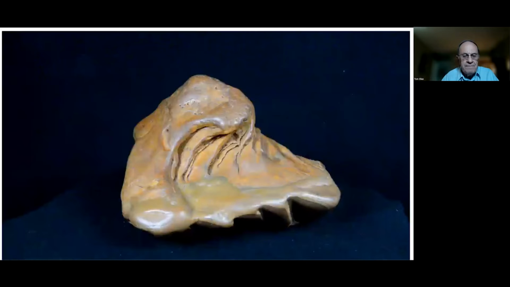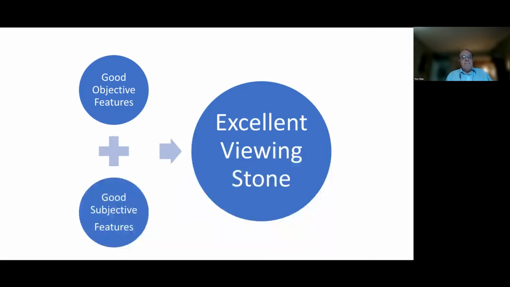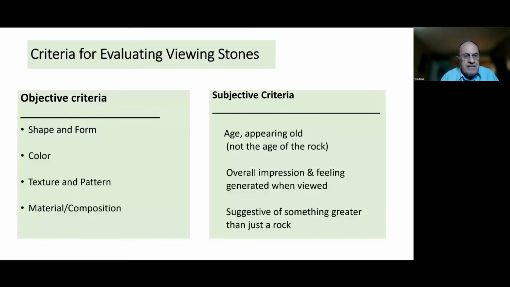Now, I believe that good objective features of a stone, together with good subjective features, contribute to making an excellent viewing stone. By this, I consider objective characters to be shape and form being the three-dimensional aspects, the color, texture, and pattern on the stone, and the material. These are all quantifiable features.